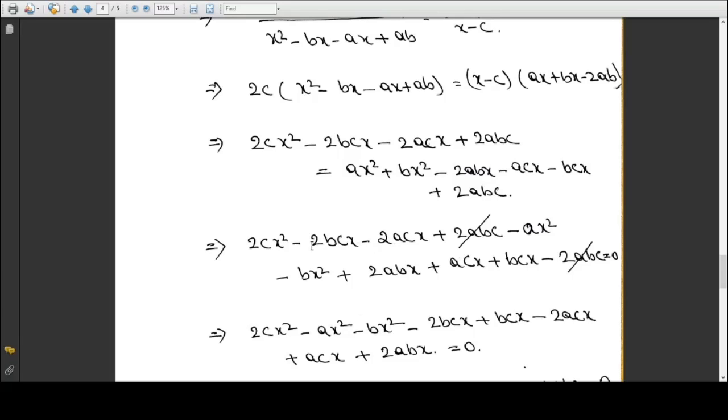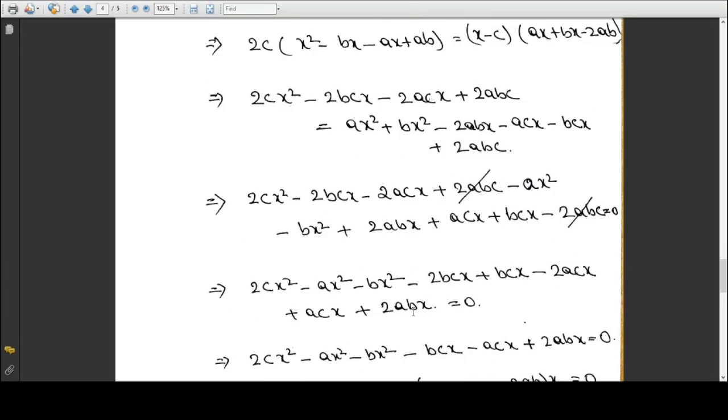See, minus 2bcx, here also you have bcx, that means they are similar terms. Put them together, plus bcx, then 2acx, here also there is acx, you put together 2acx plus acx. Then this abx is alone, you keep it alone there, equal to 0.